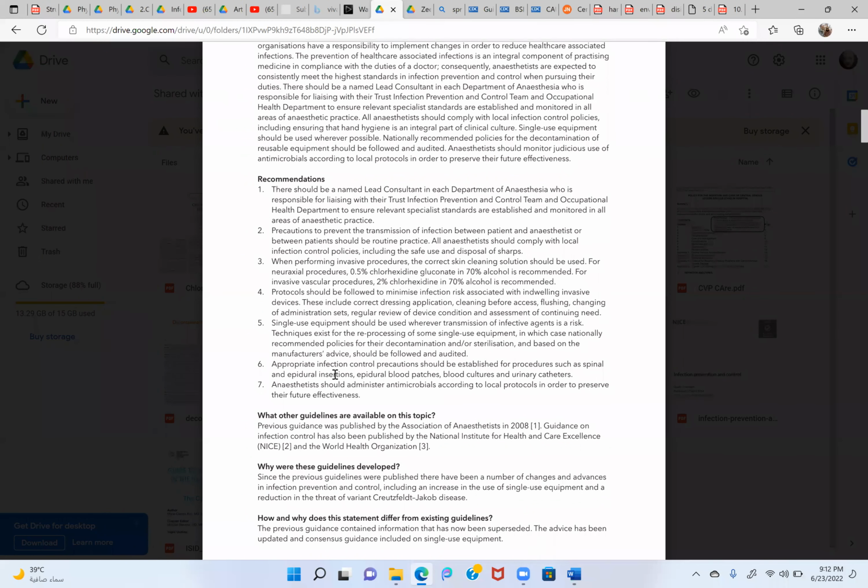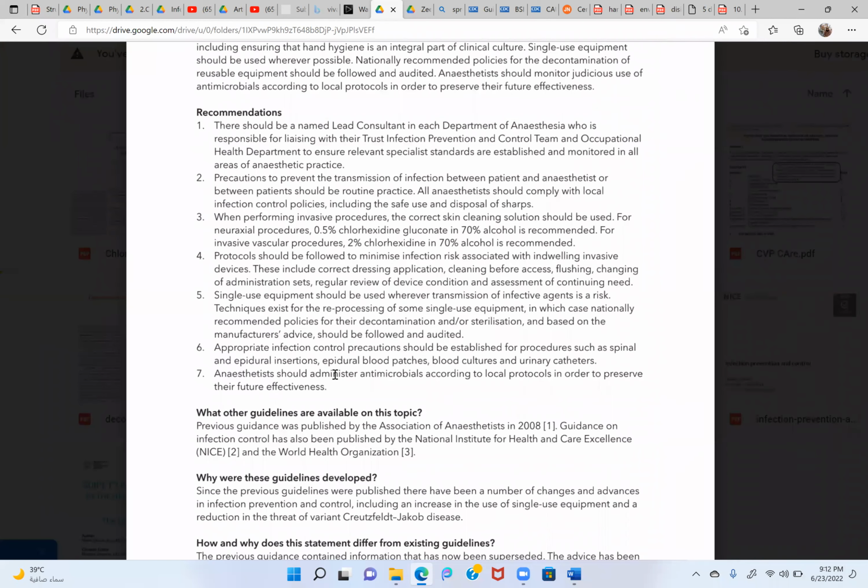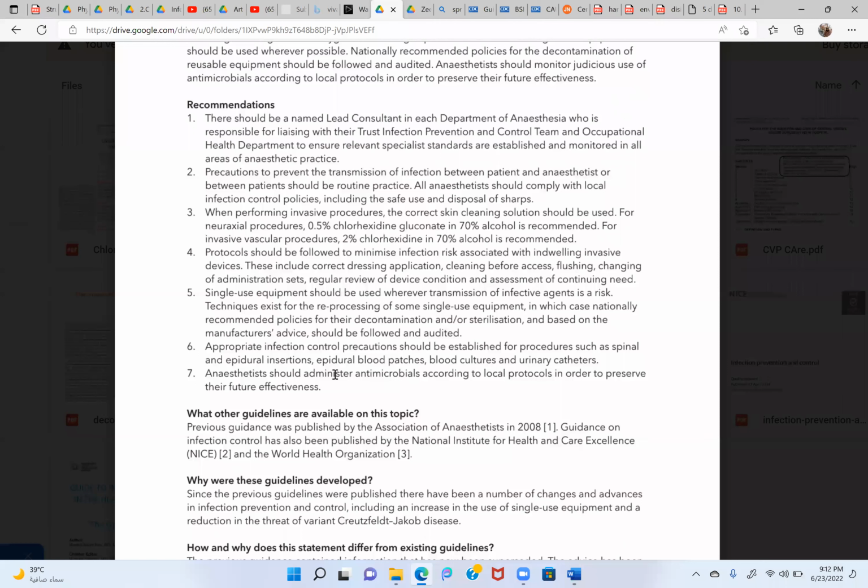For neuraxial it is 0.5%. They have specifically mentioned that. For invasive vascular procedures, 2%. There is a difference even in concentration, and there is some reason for it. I had known about it, but I don't know the reason. For anesthesia procedures, chlorhexidine is preferred.